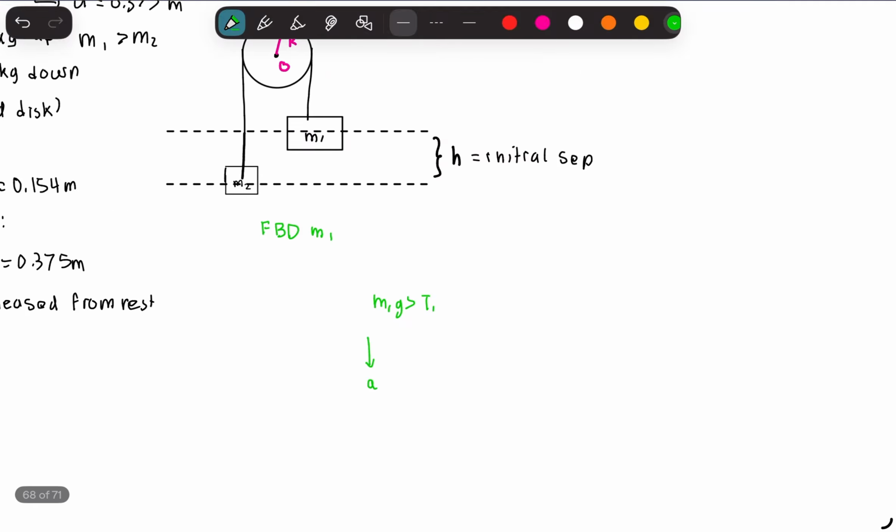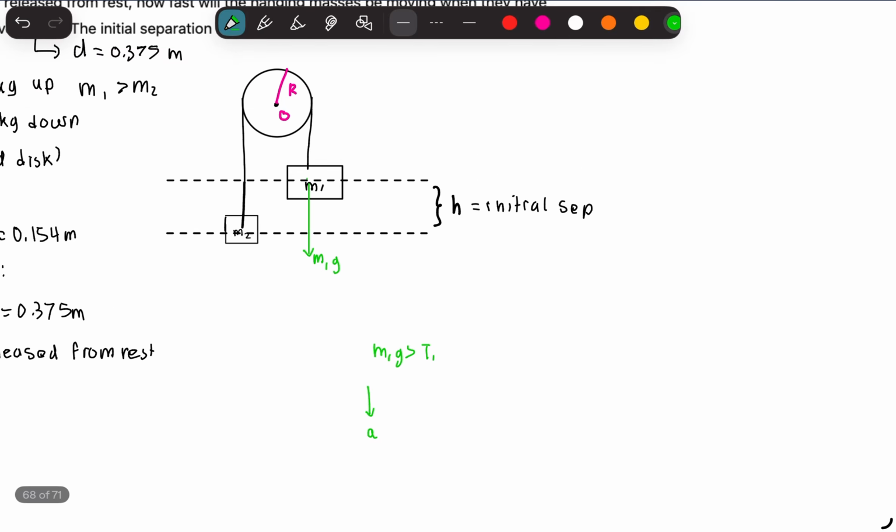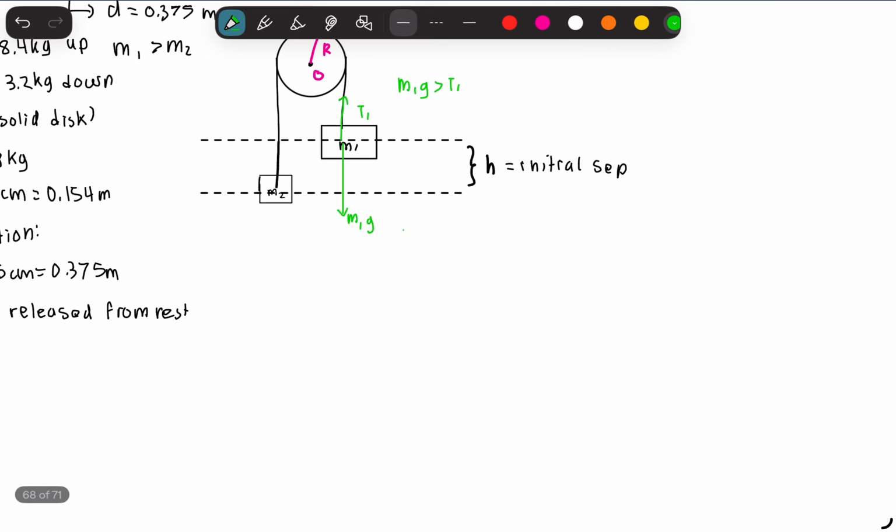Let's just draw this on here. We can use Newton's law.